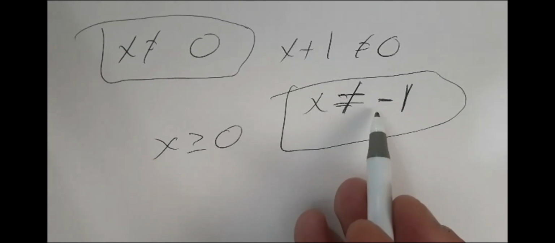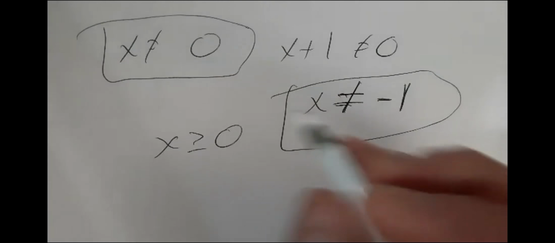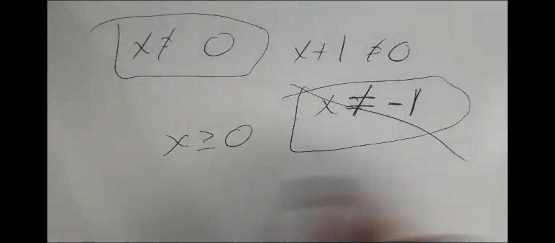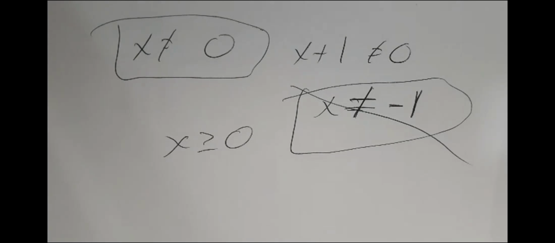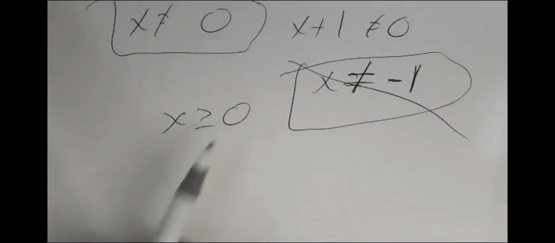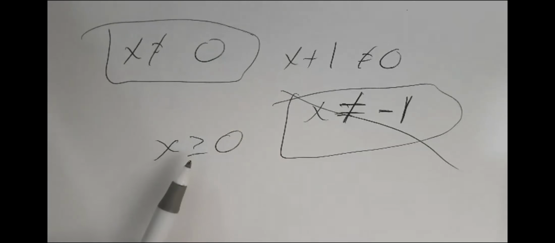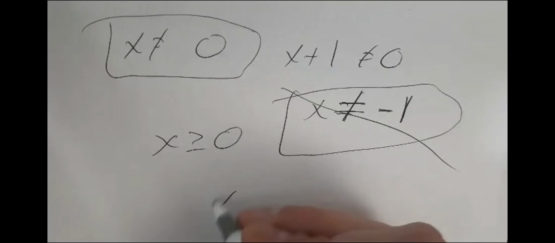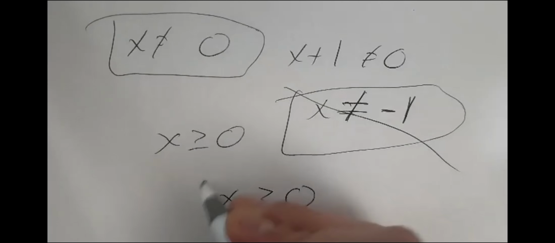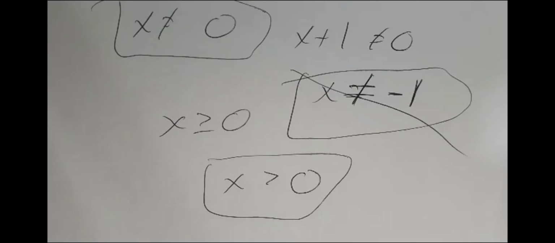I don't even have to think about this, right? This is way over there. I know it because this one has to be greater than 0. And then if I put these two things together, x is greater than or equal to 0, but x cannot be 0. This makes x strictly greater than 0 what your domain probably should be on this.